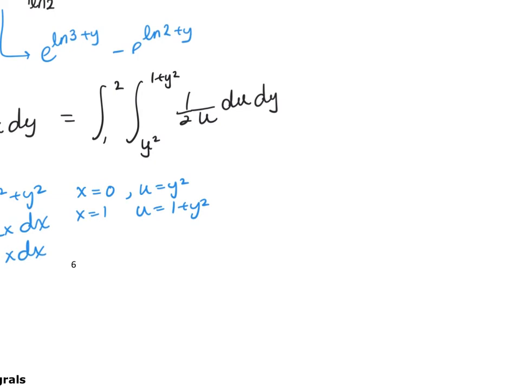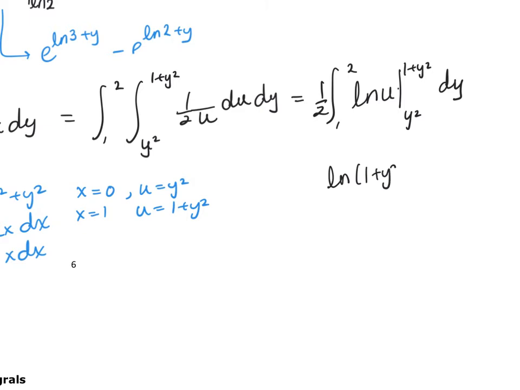So then this becomes, from 1 to 2, of the natural log. I'm going to bring that 1/2 out front. The natural log of u evaluated from y squared to 1 plus y squared, dy. So then working on just that part, the natural log of 1 plus y squared minus the natural log of y squared.